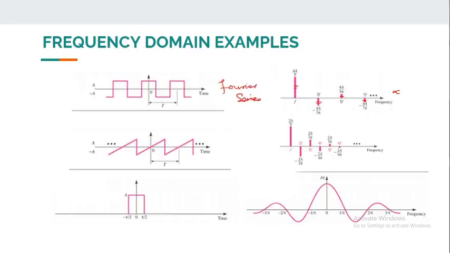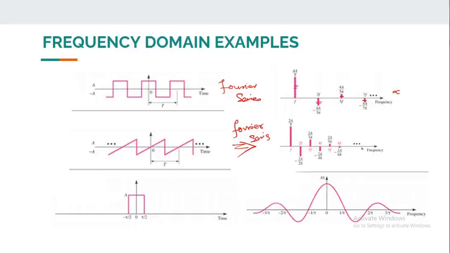Just substituting in the Fourier series equation, we will get a result like this. This is a triangular wave. It is also periodic, so we will use Fourier series, and its frequency domain representation is like this: frequency f, 2f, 3f, 4f, etc., each with a component strength like this.